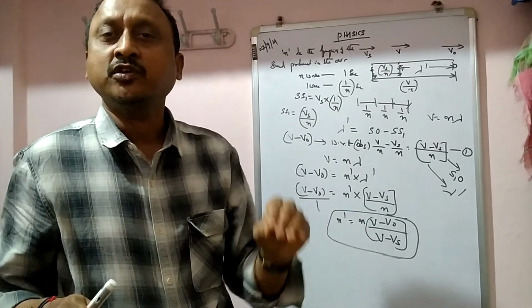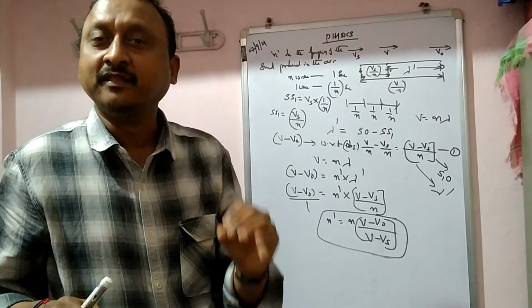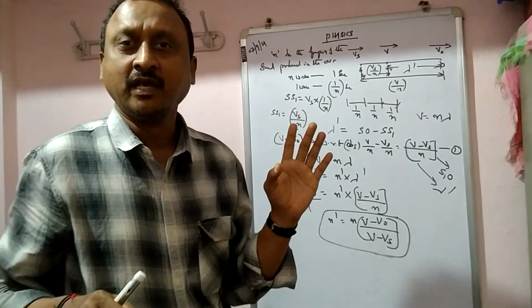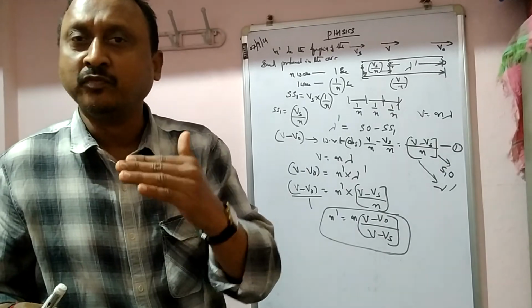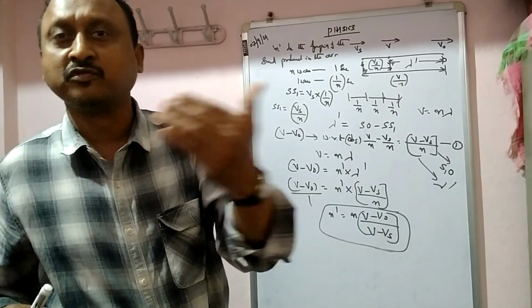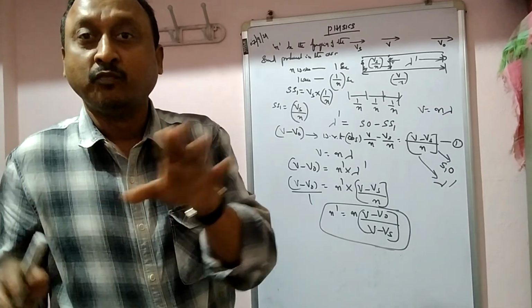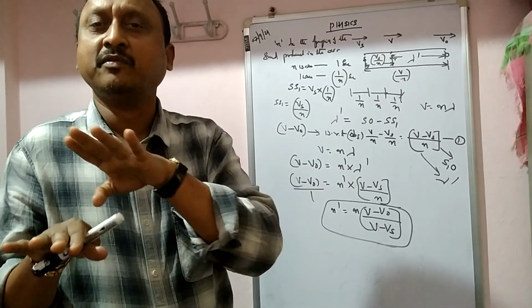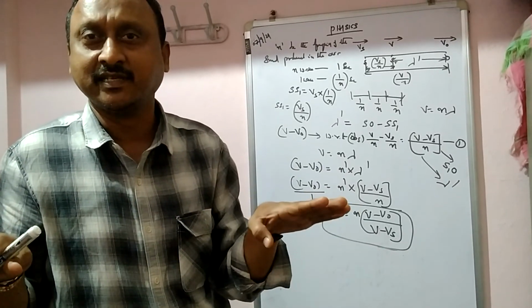So to observe the Doppler effect, there should be relative motion between the source of sound and the observer. Either the source moves towards the observer at rest, or the observer moves towards the source at rest. If both are at rest, there will be no Doppler effect, that is, no apparent change in the frequency.